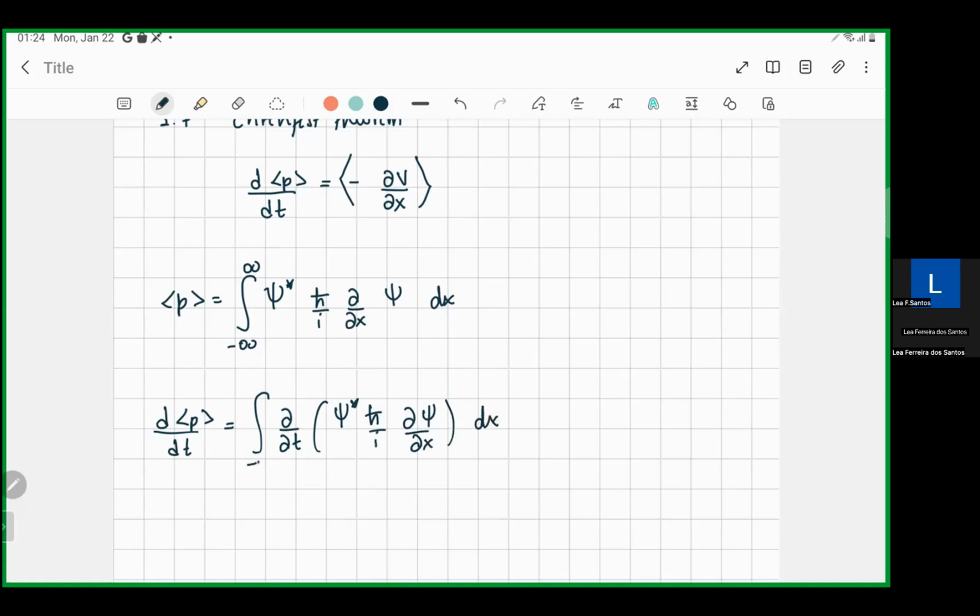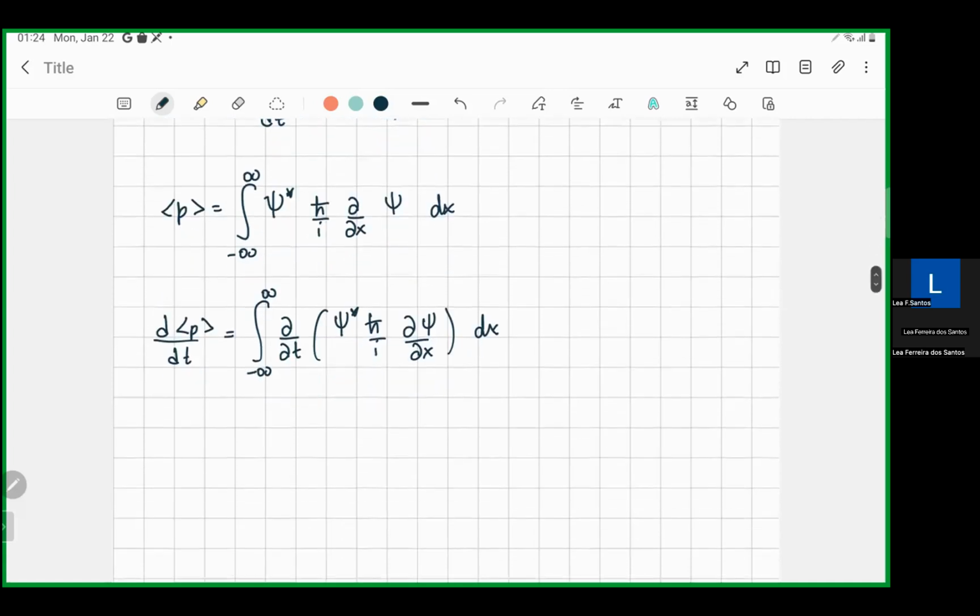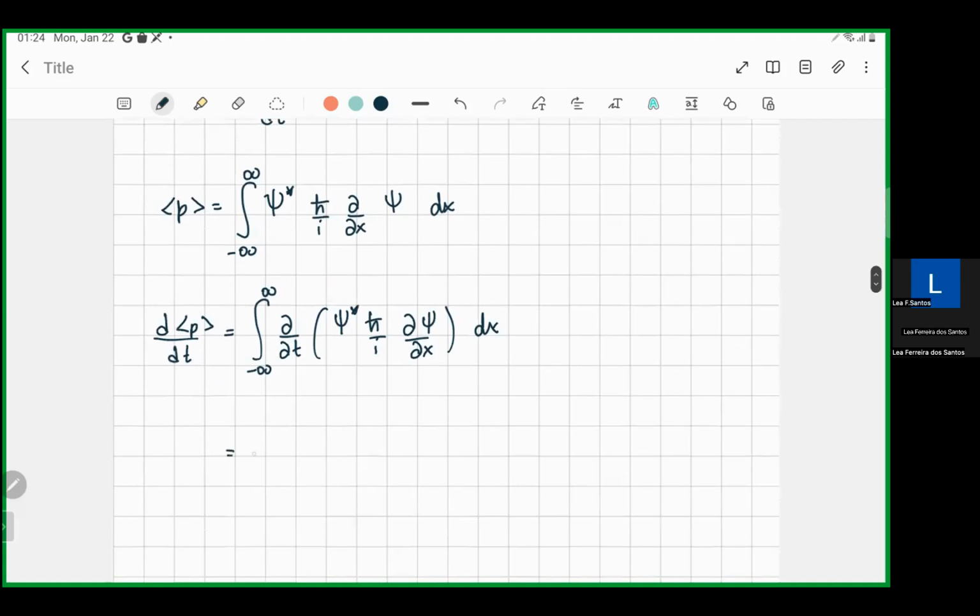And let's see now what we are going to do with all this. Well, first, that h bar over i is a constant. I'm going to take it out of the integral. And then I'm going to do this derivative on each of these terms. So we'll have now an integral of two terms.